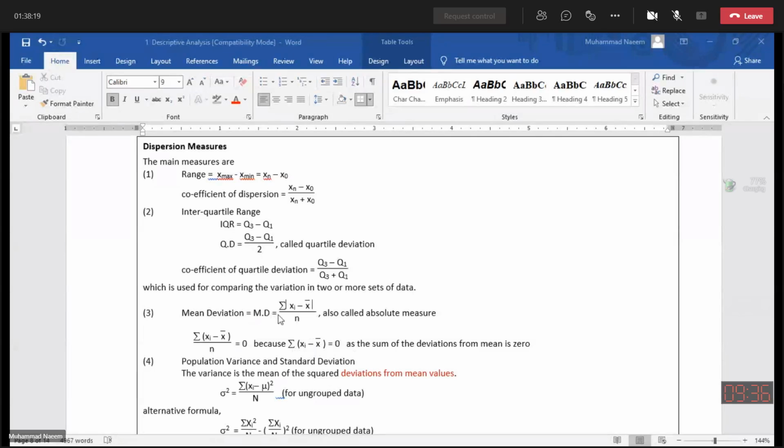But in mean deviation, we must put a modulus sign here for the calculation. Next one is the variance.